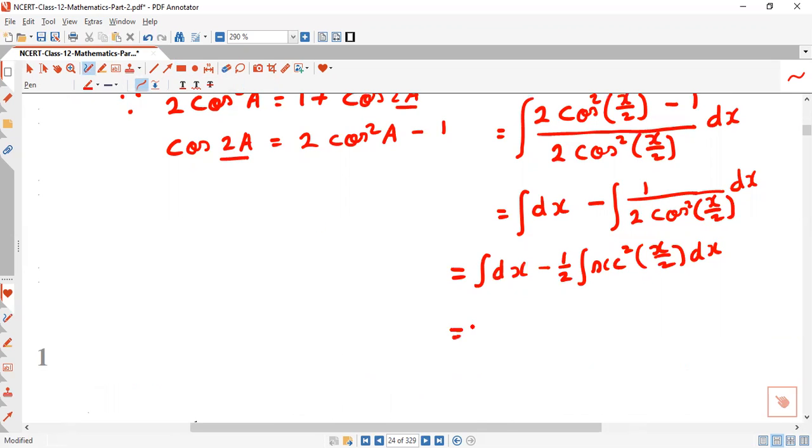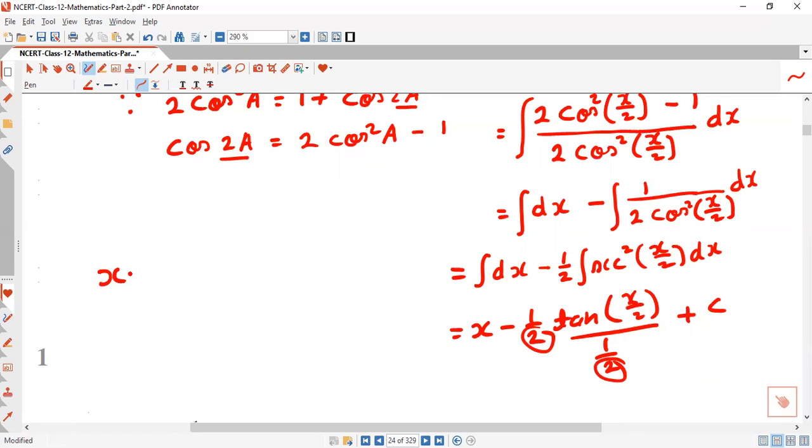The integration of dx is x, minus half. This is a formula of tan x by 2, and the coefficient of x is 1 by 2, so it is divided by 1 by 2, plus some constant c. The 2 and this 2 cancel out with each other, so the answer comes out as x minus tan x by 2 plus some constant c.